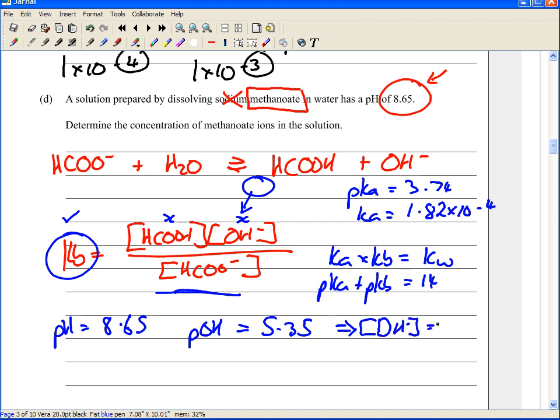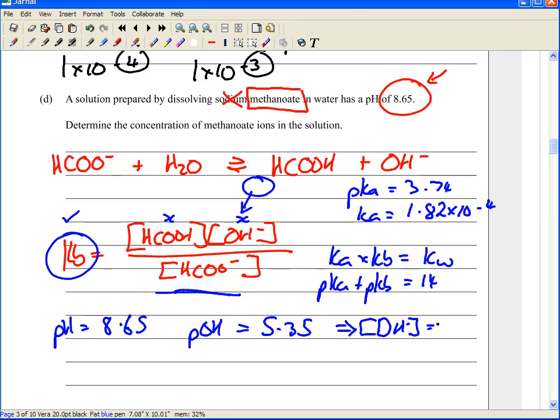is equal to 10 to the x of minus 5.35. Oh, that wasn't the plus.